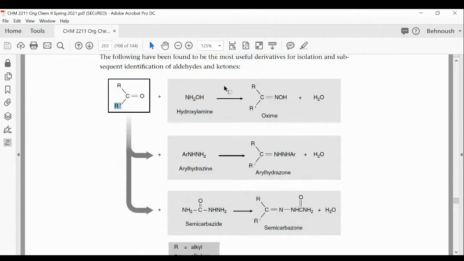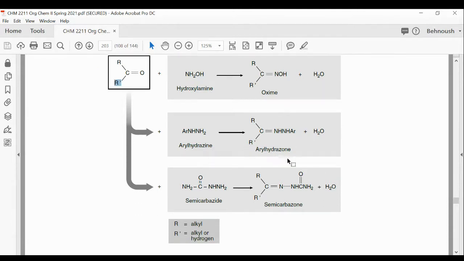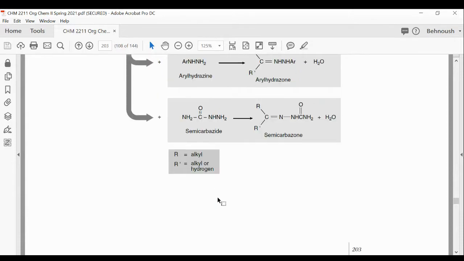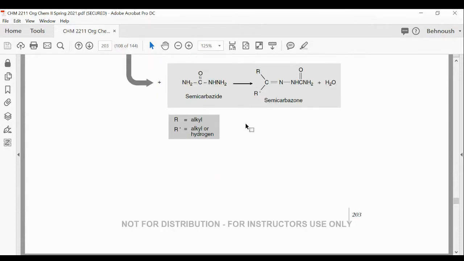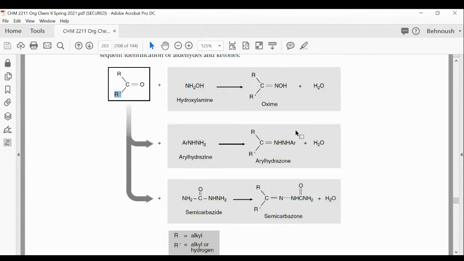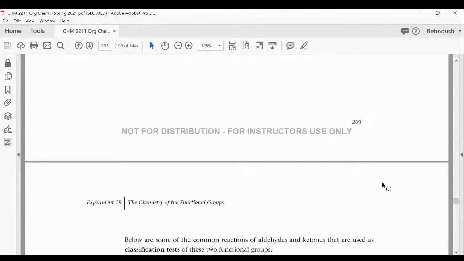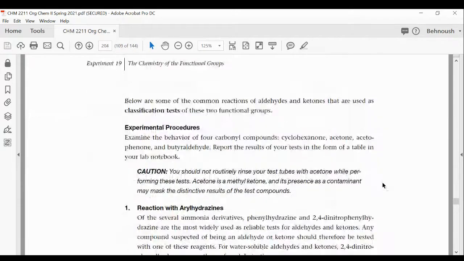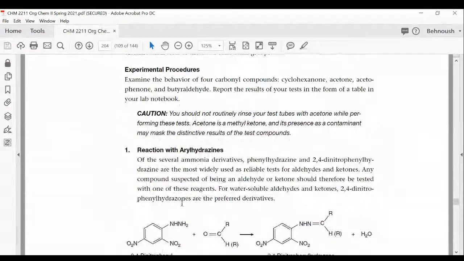Some of the reactions that the carbonyl group can go through are reaction with hydroxylamine, where you get an oxime, or with arylhydrazine, where you would get a hydrazone. We are not doing these; they are just examples of reactions that both aldehydes and ketones can undergo with these reagents. We are only going to be concerned about the reactions where we actually use the reagent in this experiment.